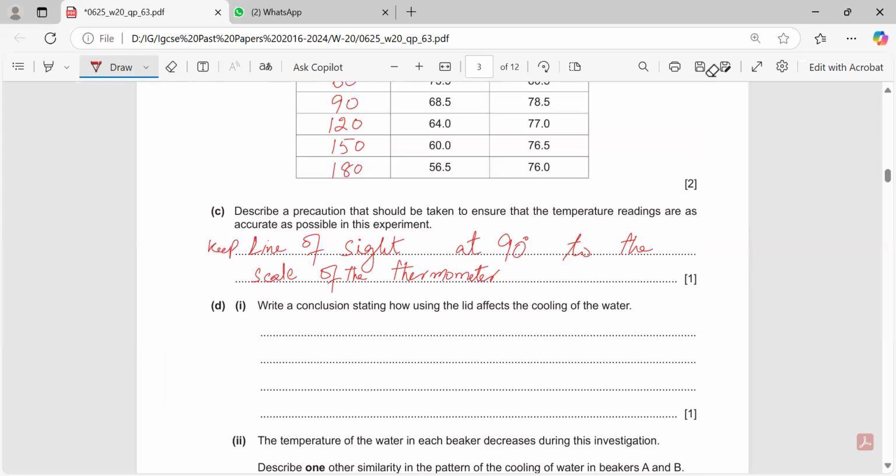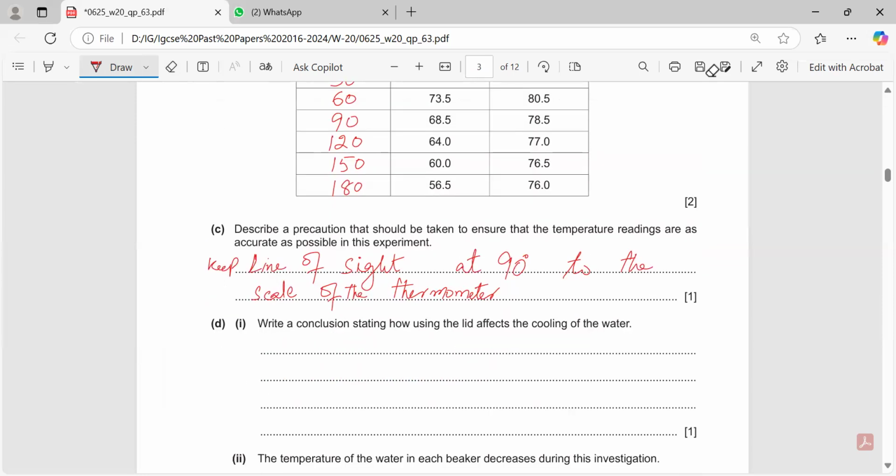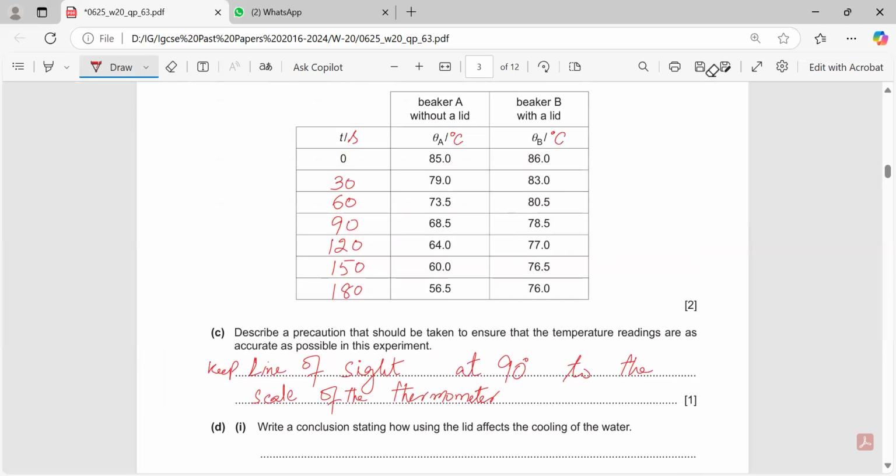Then write a conclusion stating how using the lid affects the cooling of water. So we can observe one thing: see how much temperature fall there is.